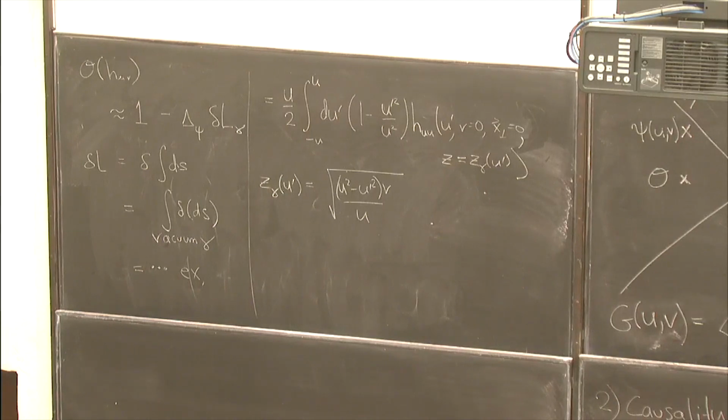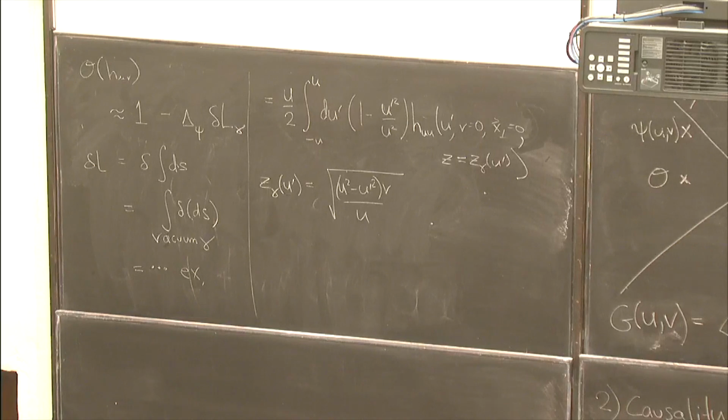Yes. V is 0, right? h_uu is integrated over v equals 0. But what we've done is kept the leading term in v. So we've taken v small, but this is the leading contribution.